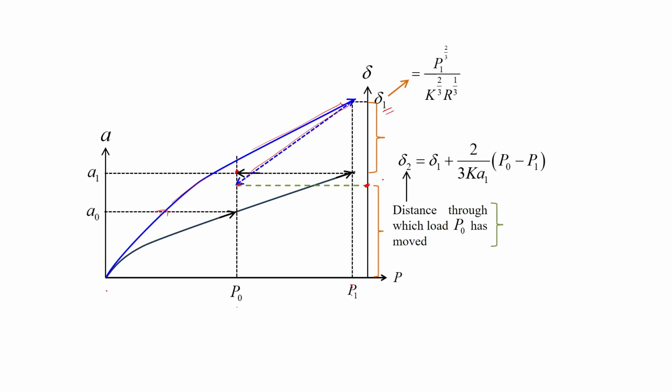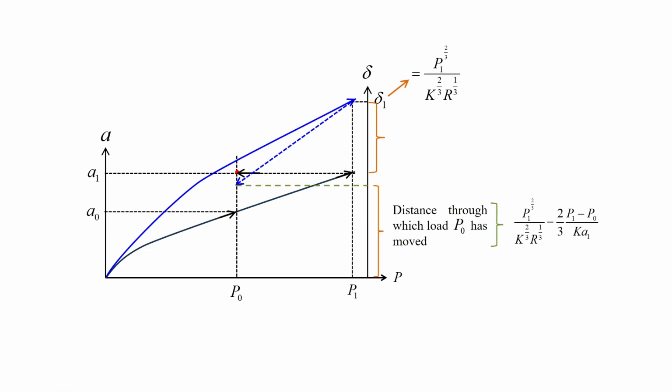So, this distance here is delta 1, that was this quantity plus this quantity. Remember that this quantity is actually negative because P1 is larger than P0. So, we are coming back to this particular point, which is given by this expression, and delta 1 is given by this expression.